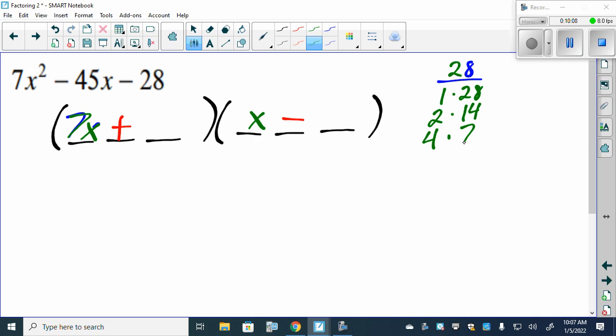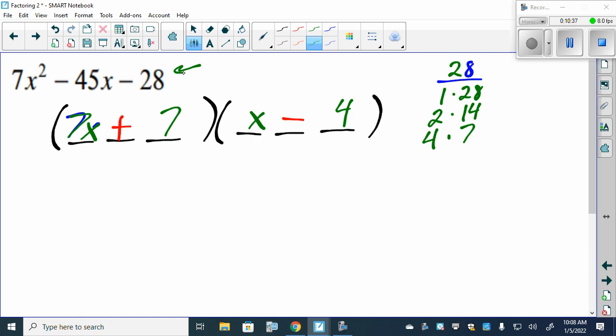Which one do we want to try first? So 4 and 7, which one do we want to put first? It would be 4. I'm going to put 7 first here, just to make an example. Because if I put 7 first, in that first set of parentheses, 7x plus 7, is there a greatest common factor? Yes, there's a greatest common factor of 7. But at the start, we said that there is none.